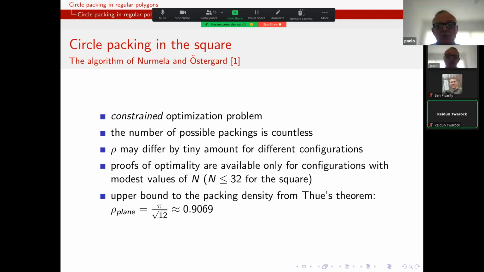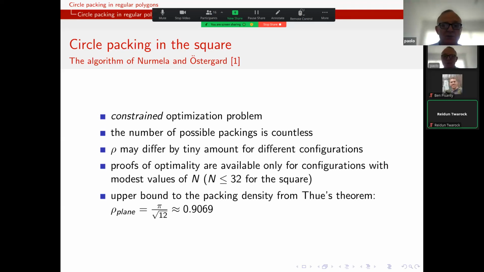From the point of view of mathematics, this is a challenging problem. Actually, for the square, rigorous proofs of optimality are only available for n smaller than 32. There is, of course, an upper bound to the packing density, which is given by Thue's theorem, which gives you the maximum packing fraction for the whole plane.